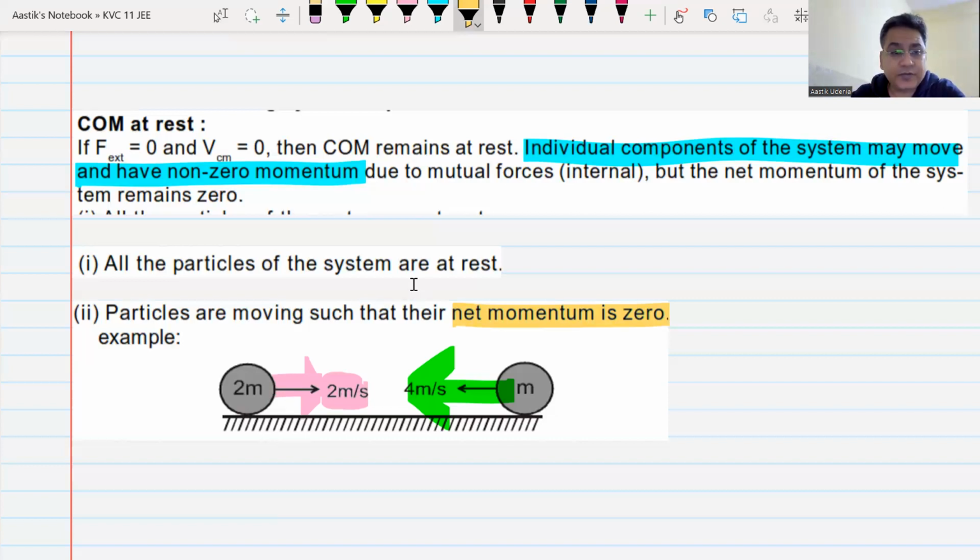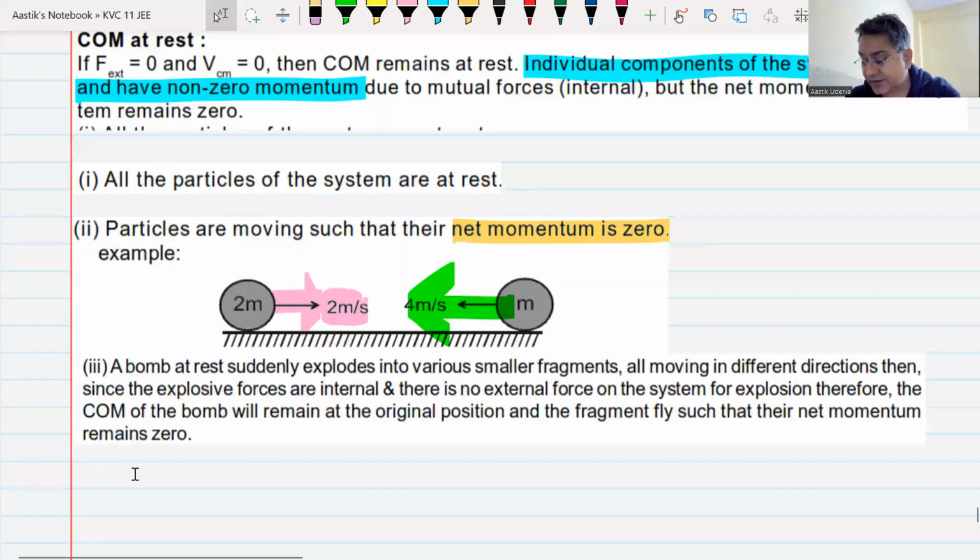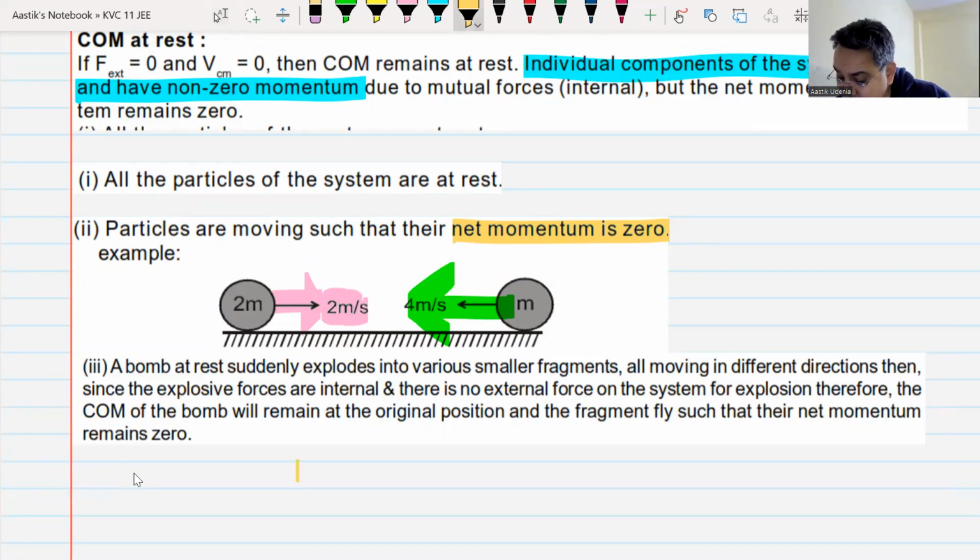Now, if a bomb is at rest and it explodes, let us say that this is the bomb. It is at rest, it explodes into two particles. Now, it explodes because of internal forces and there is no external force.